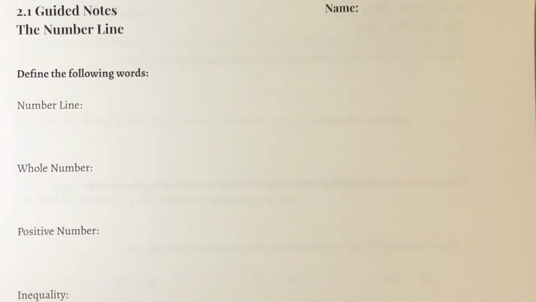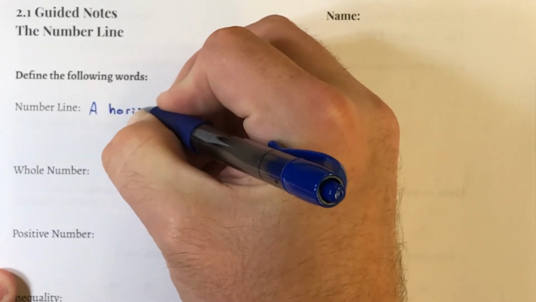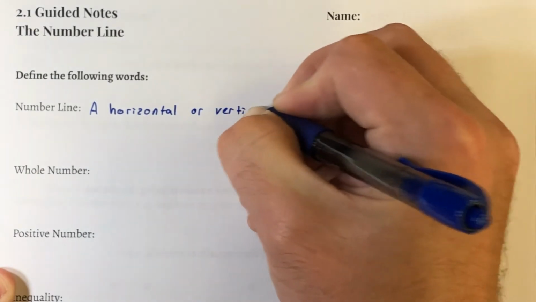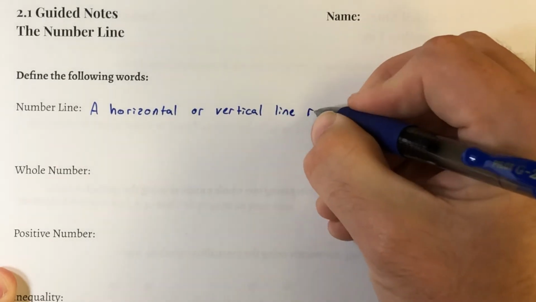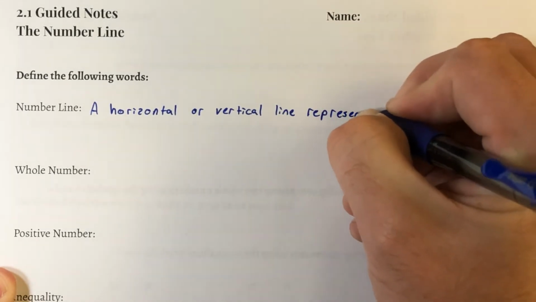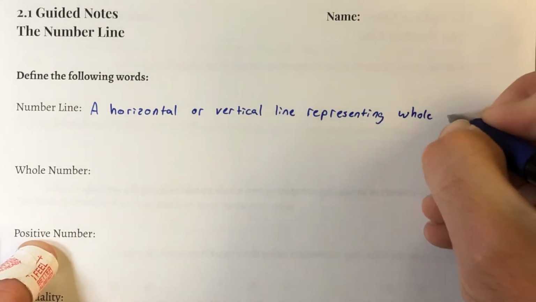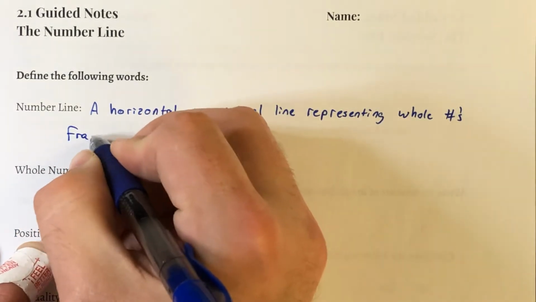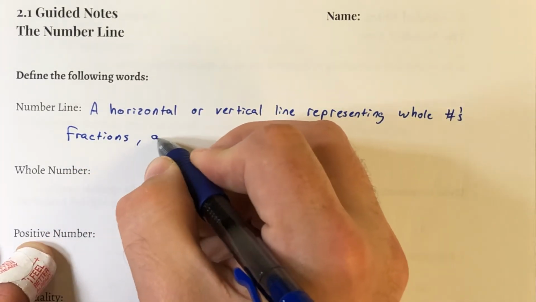A number line is a horizontal or vertical line representing whole numbers, fractions, and or decimals.